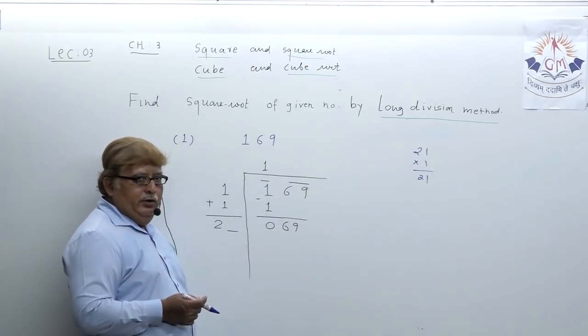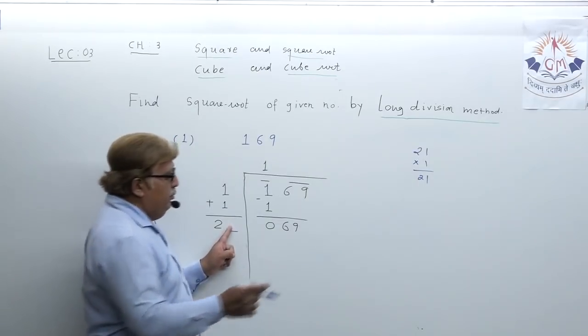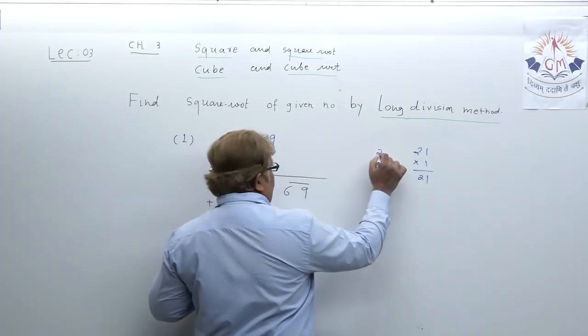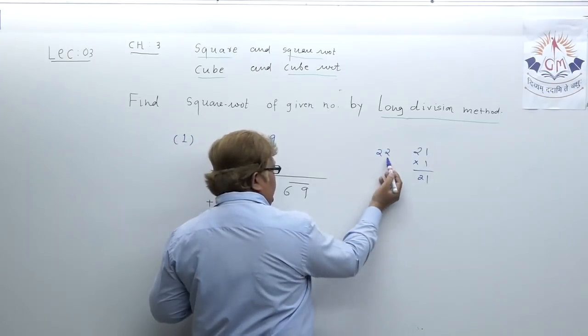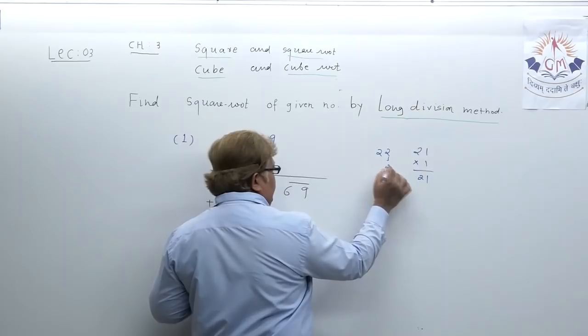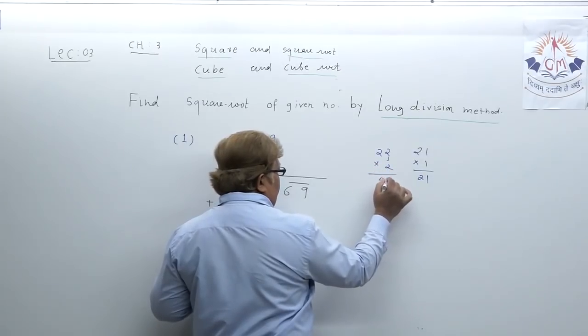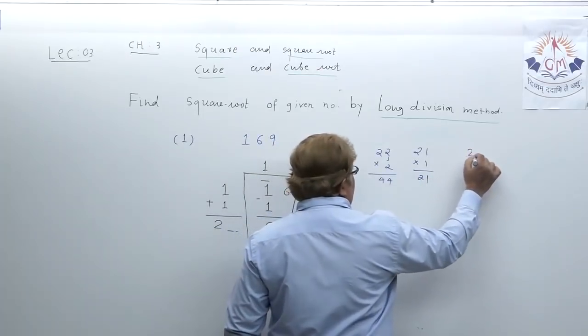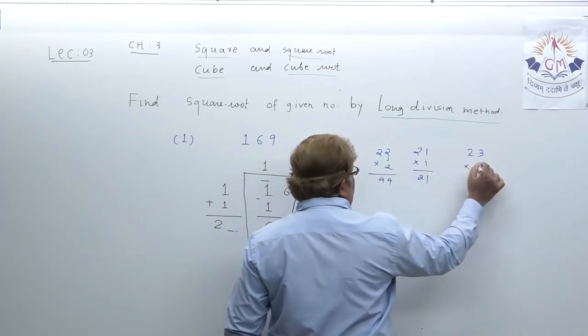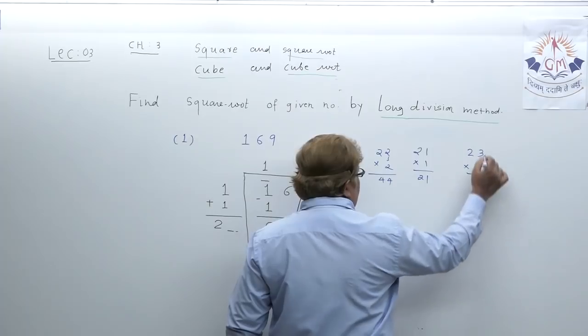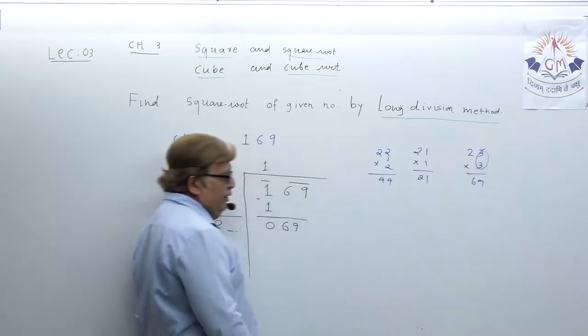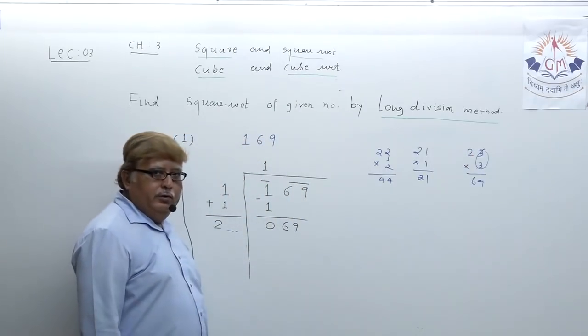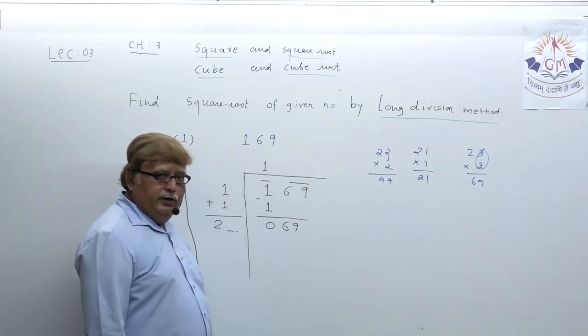So we can't think of 1. Suppose you think of 2, my dear student. So the number becomes 22, to be multiplied by 2 only. 22 2 ja 44. Suppose I think of 3. What is the number? Speak. 23 3 ja what? 69. So this number is my target because I want 69.